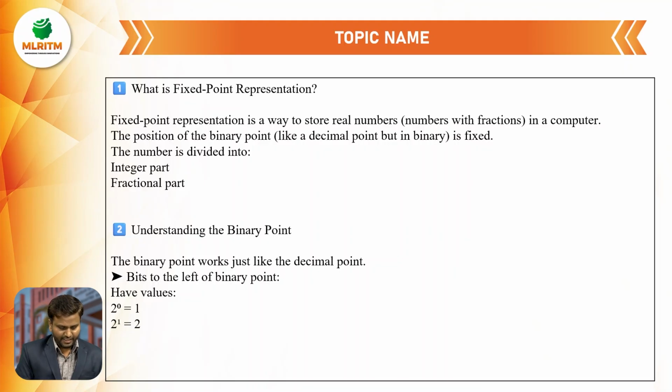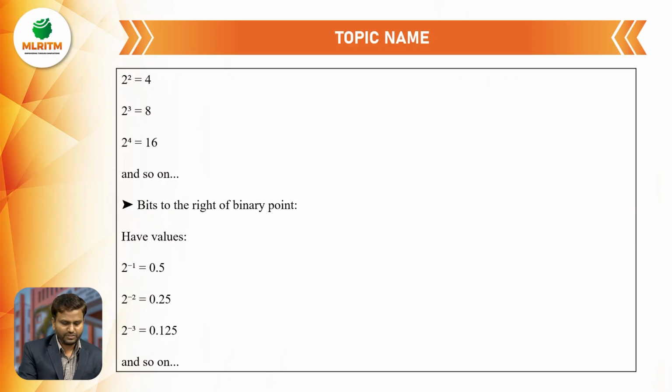Here is a small example. 2 power 0 is equal to 1, 2 power 1 is equal to 2, 2 power 2 is equal to 4, 2 power 3 is equal to 8, 2 power 4 is equal to 16, and so on. In computer system architecture we use the 8421 process.